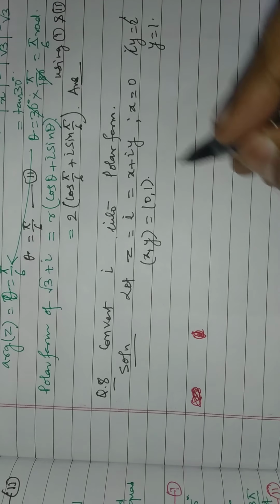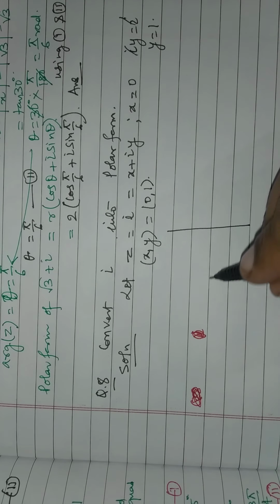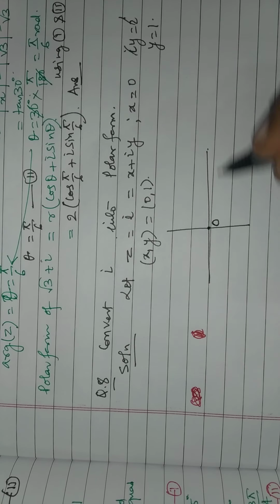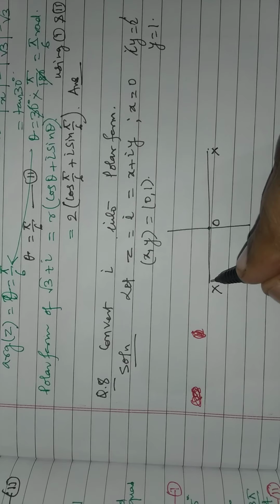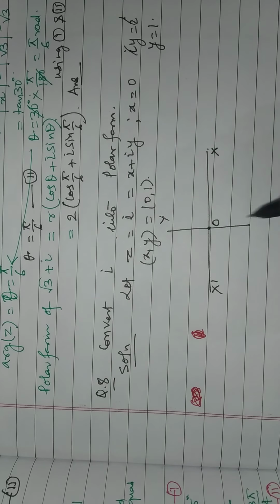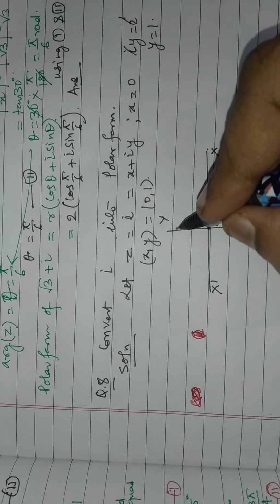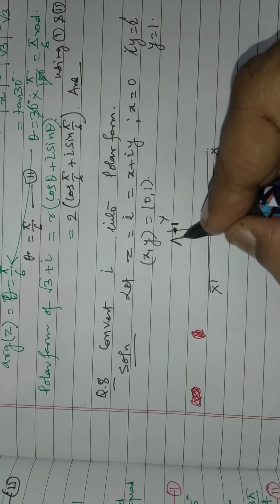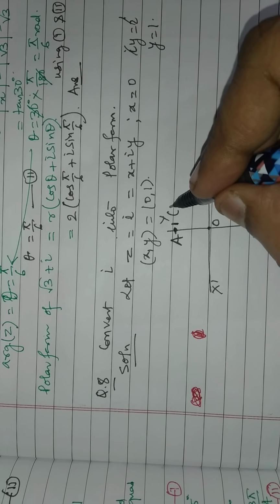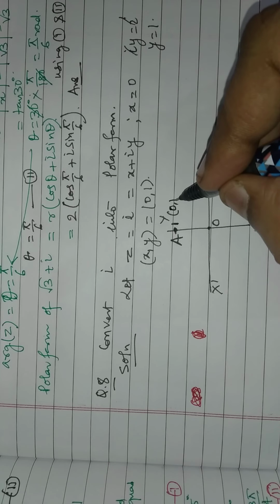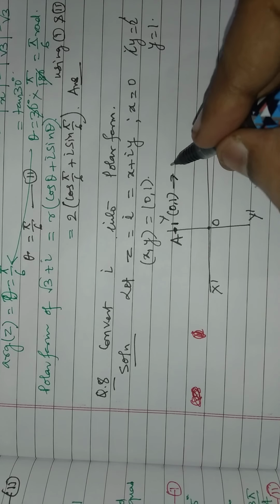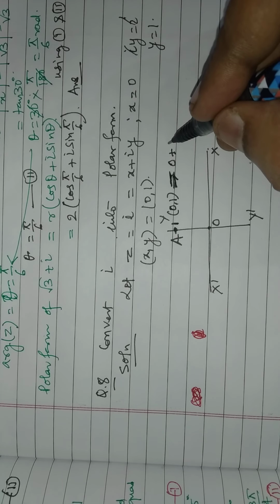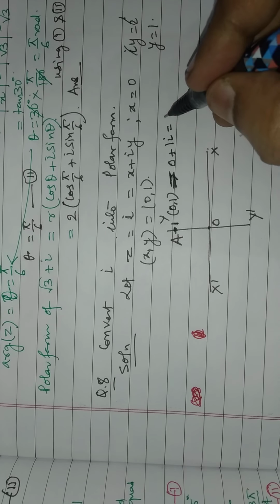So it means that if we draw the figure, x is equal to 0, so it is the origin, and then the x-axis here, and then the y-axis in the plane. Suppose that here is 1, and this point is A. Its x coordinate is 0 and y coordinate is 1. So it represents 0 plus 1i, which is equal to i.